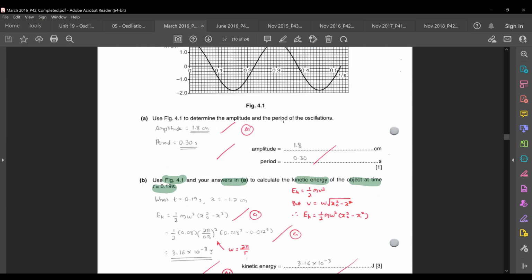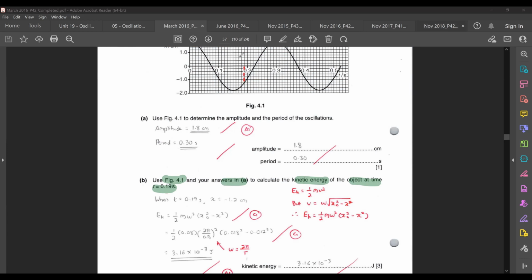If you look at your graph, where is 0.19 seconds? 0.19 seconds is actually over here. This is 0.19 seconds, and it actually corresponds to an amplitude of 1.2 centimeter, negative 1.2 centimeter.